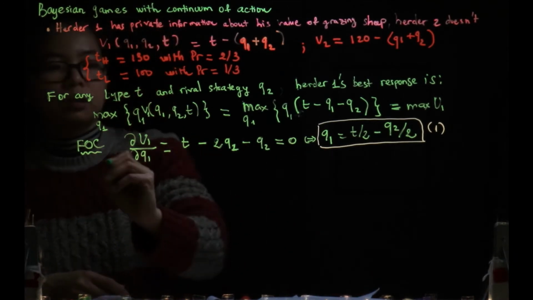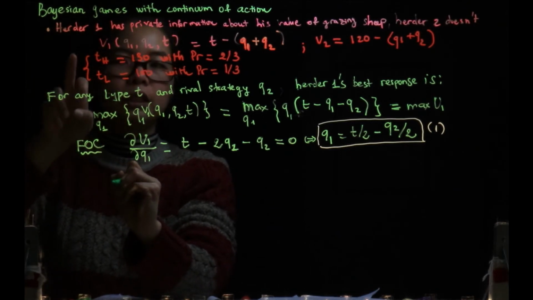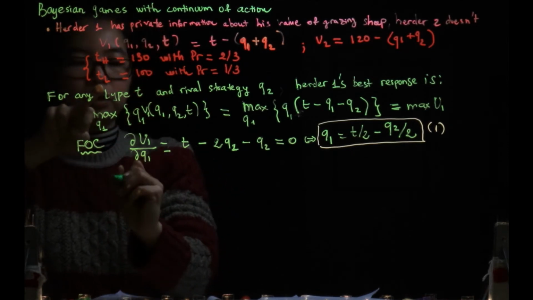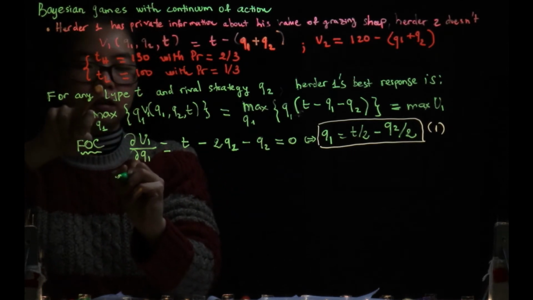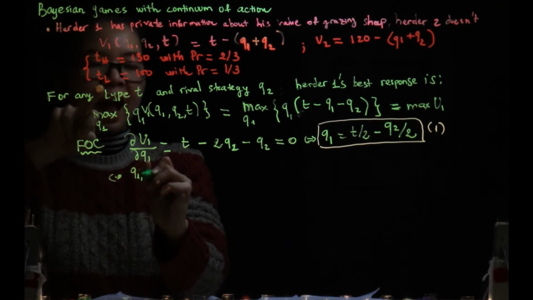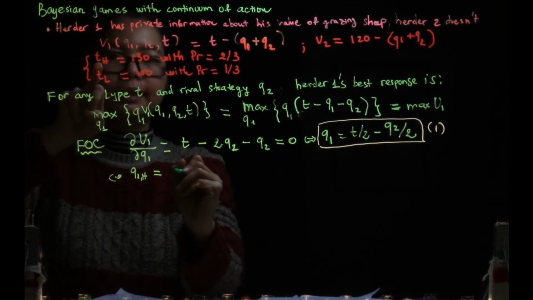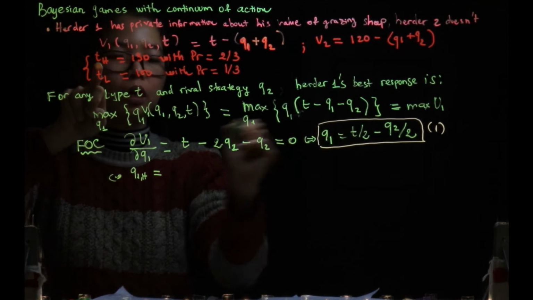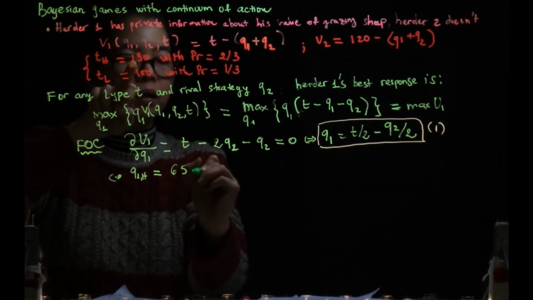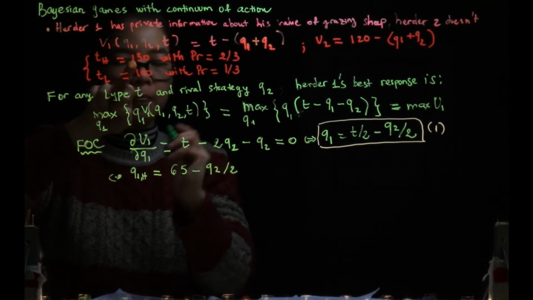Now if you substitute t with t high and t low, we would have q1 high equals t high divided by 2, 130 divided by 2 is 65, minus q2 divided by 2.